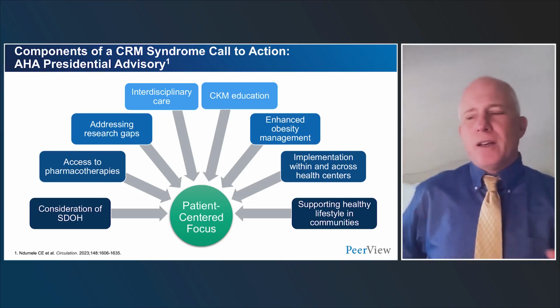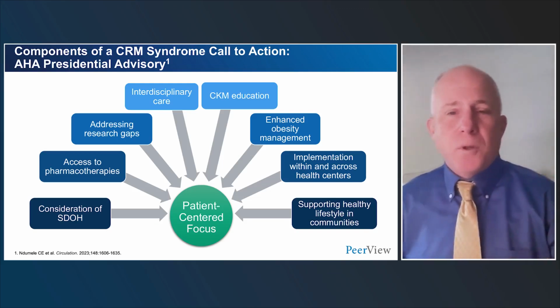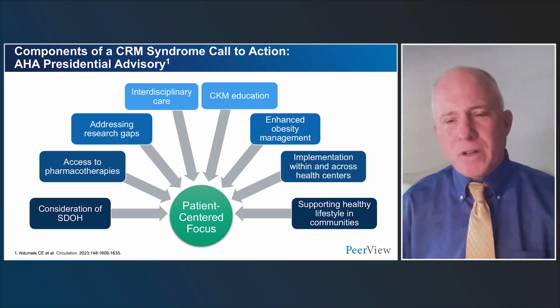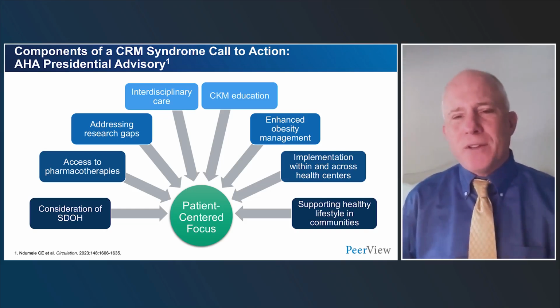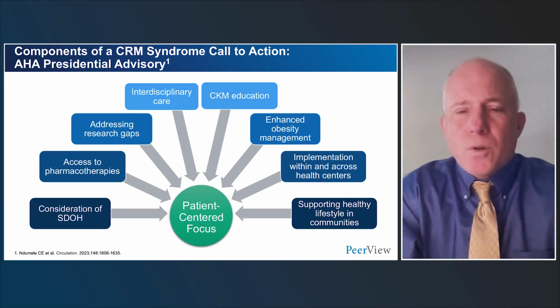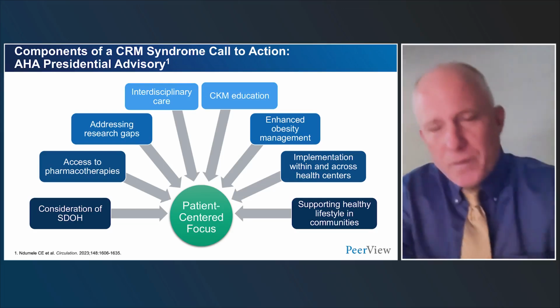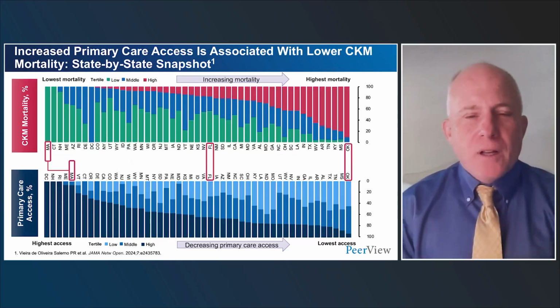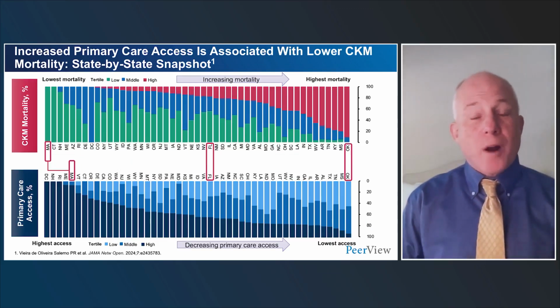And then finally, going back up to that very global level, how do we support healthy living communities? Because if we have healthy living communities, we're able to address people even in that stage 0 of CKM. And that's really our ultimate goal, is to move everyone from preventing upstream or potentially even going back down one stage.